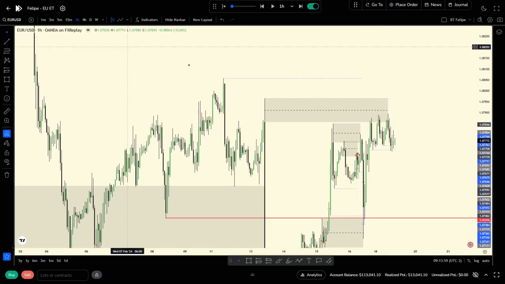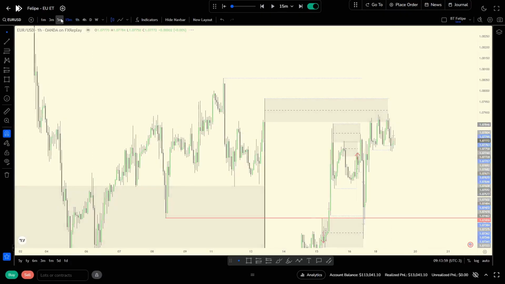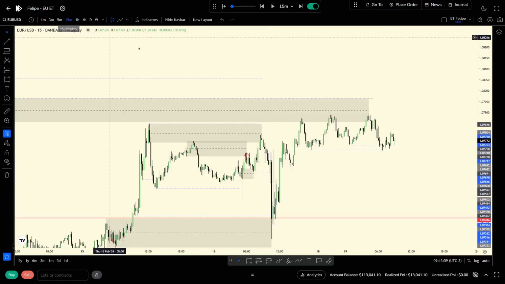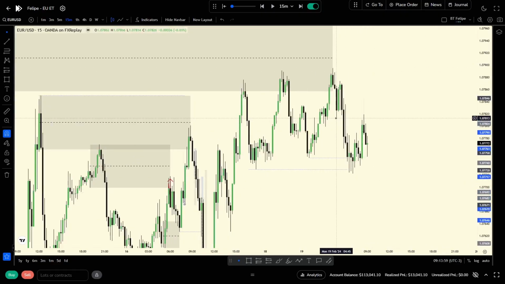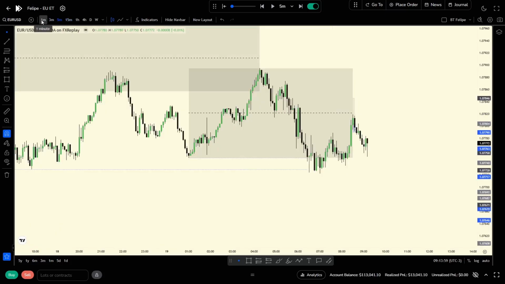M1, H1 chalk. Then I want to short from here, not down here. Price didn't even tap this 50 at least.